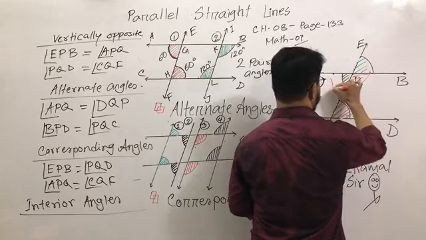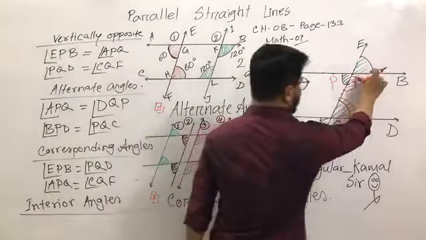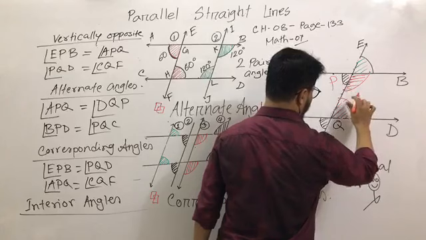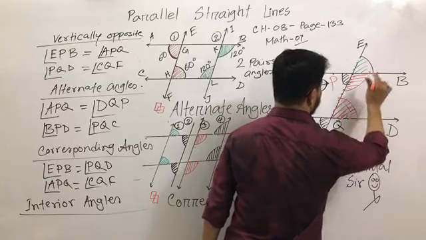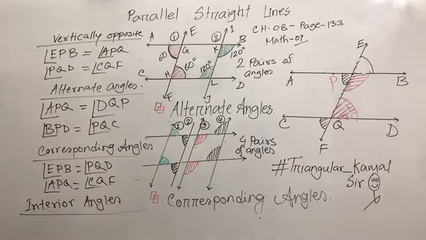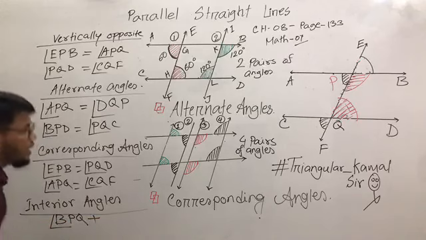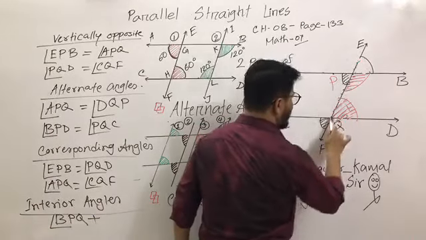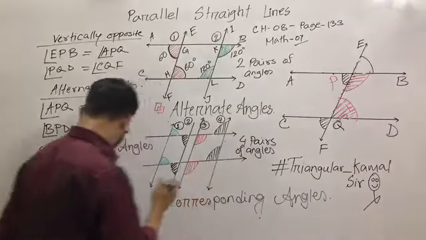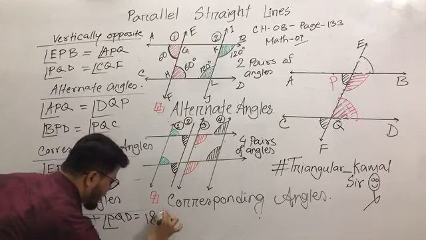The sum of two interior angles BPQ plus PQD is 180 degree.